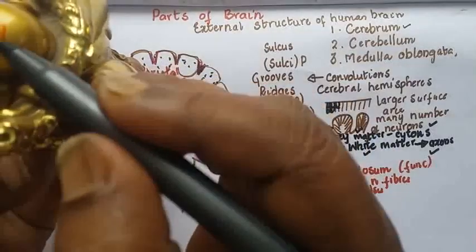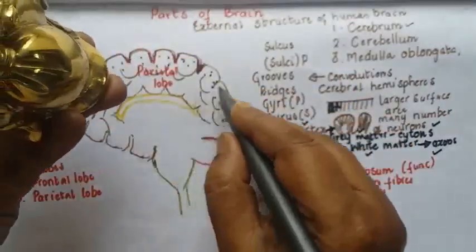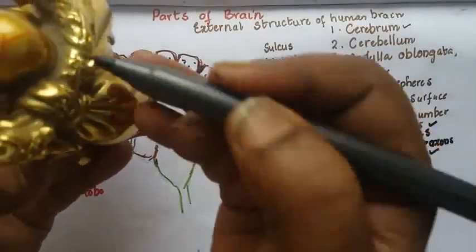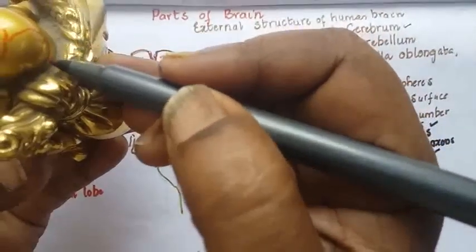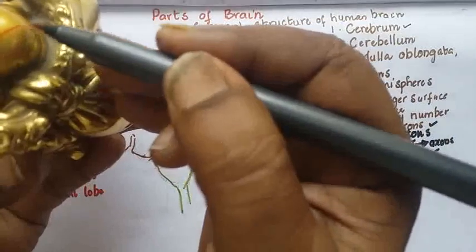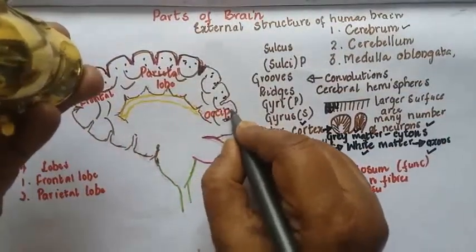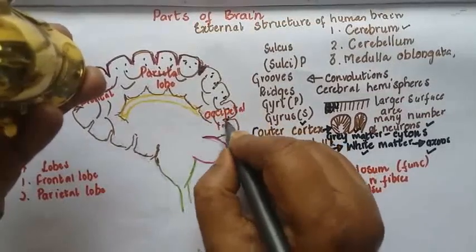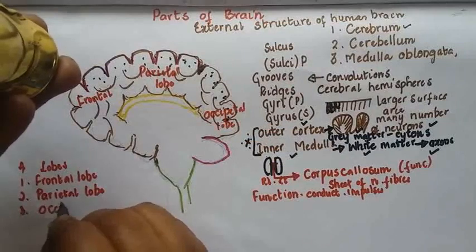Just behind the parietal lobe, if you remember children, last year you learnt about the foramen magnum, right? The hole through which the brain continues as the spinal cord. This region of the skull we name the occipital lobe.